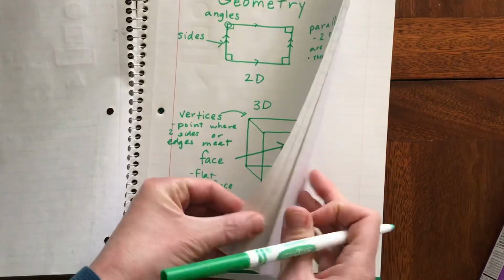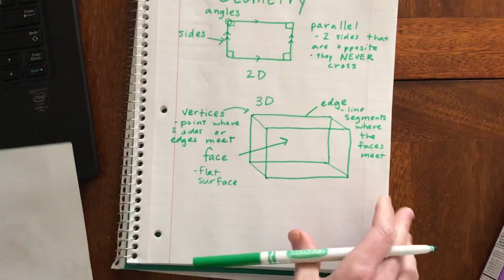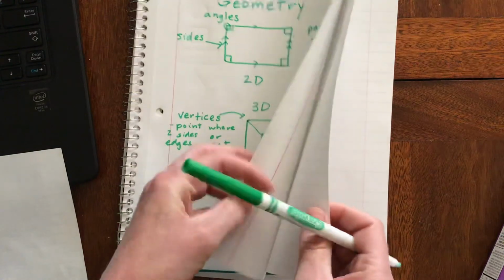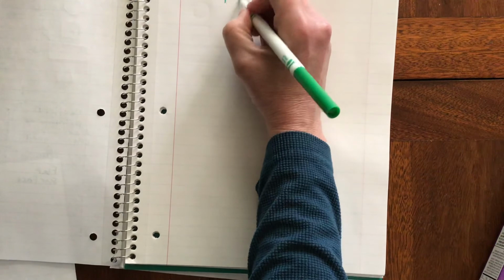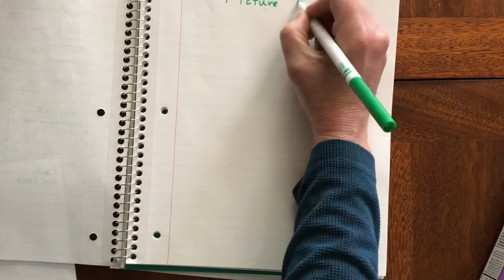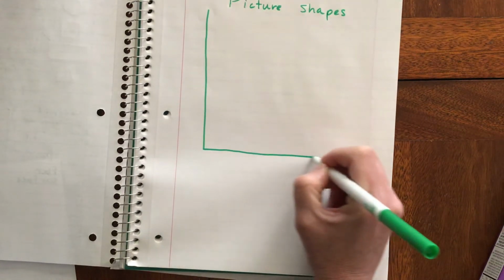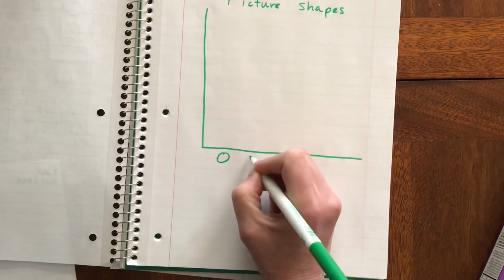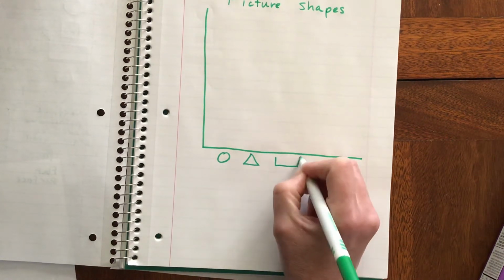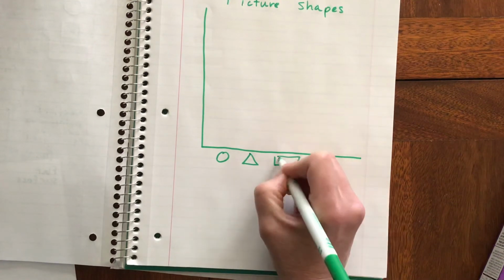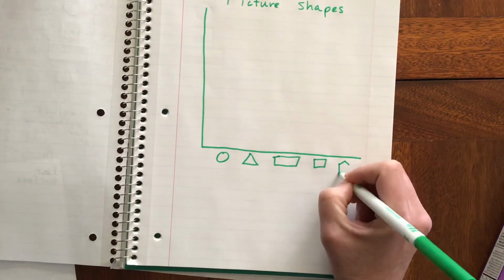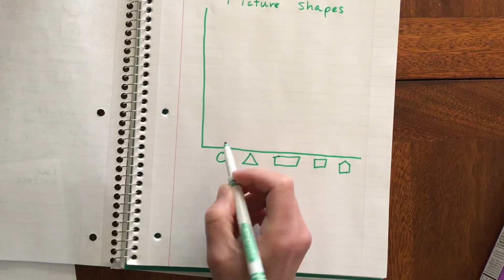Try that again. Live lesson here, kids. Live lesson. All right, let's try that again. Picture shapes. All right, so again, we have circle, triangle, rectangle, square, pentagon.